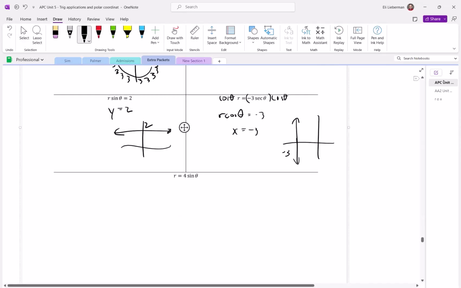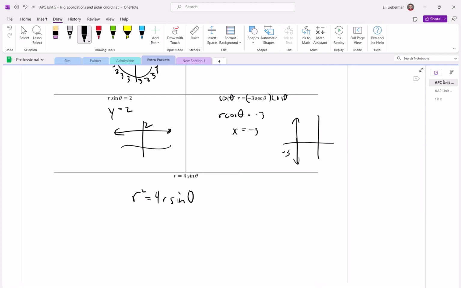And lastly, here we multiply both sides by r. So now I have x squared plus y squared equals 4y. And I can continue this, exactly the same process. We're adding 4.